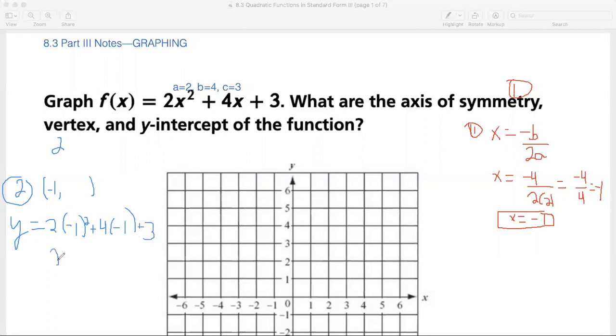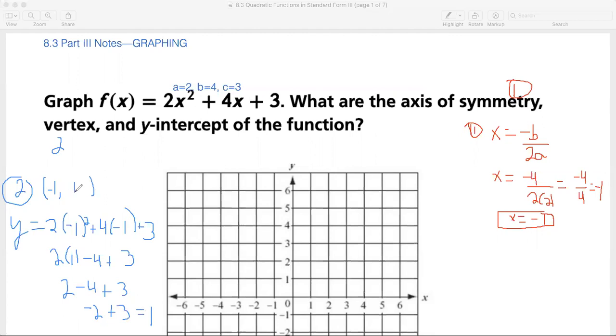That gives me 2 times 1, and then 4 times negative 1, that's a minus 4, and then plus 3. So 2 minus 4 is negative 2, plus 3, which gives me 1.